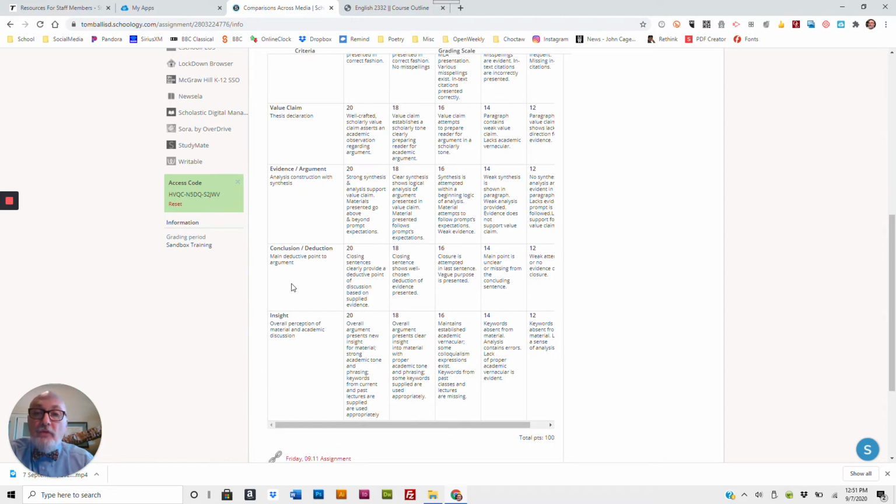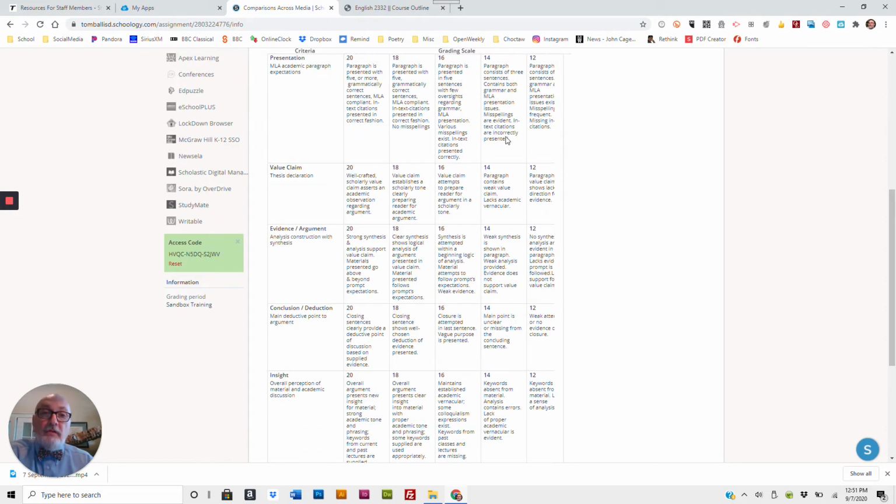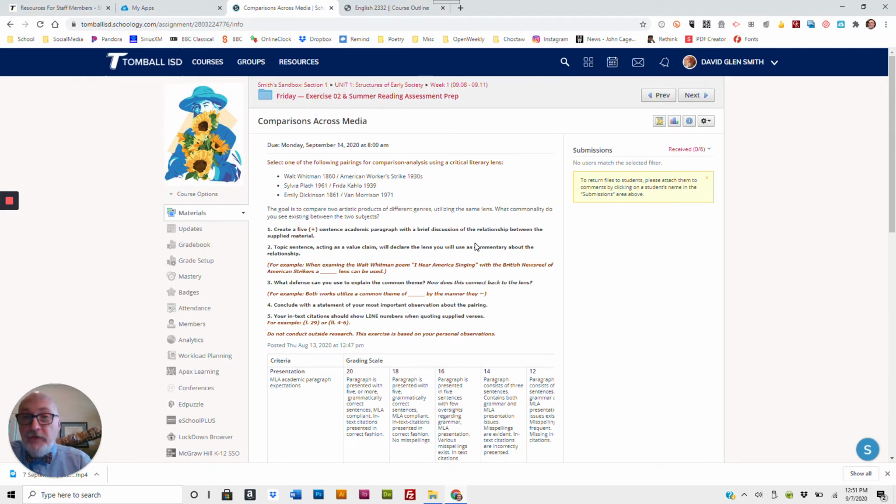Your conclusion will have a deductive point. You're bringing the argument to the world at large. What is the main emphasis you want to place when you compare these two items? And then finally, your overall insight, the perception you present. You want to be sure you're showing an academic discussion. There will be no colloquial terms used in these papers.